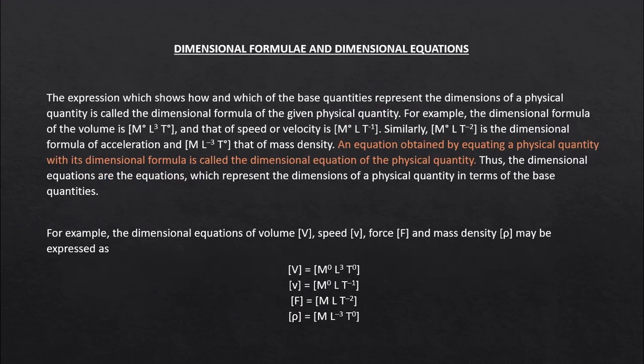Okay. So now let's see what the dimensional formula and dimensional equation are. The expression which shows how and which of the base quantities represent the dimensions of a physical quantity is called the dimensional formula of the given quantity. Okay.